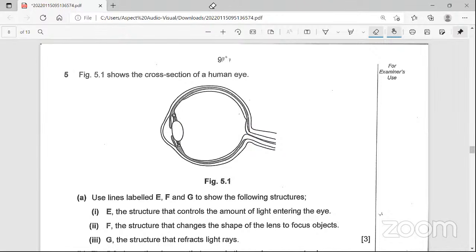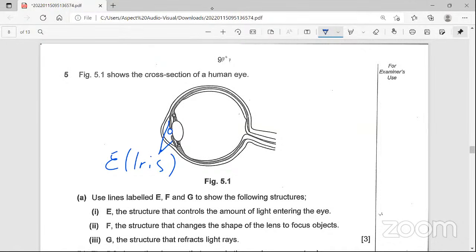The iris, thank you. The muscles here. The pupil is the center part, it's the size of the hole. So the one that controls is these ones, the iris, which is your E.